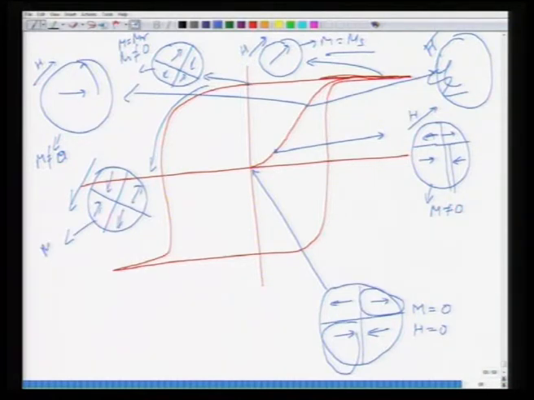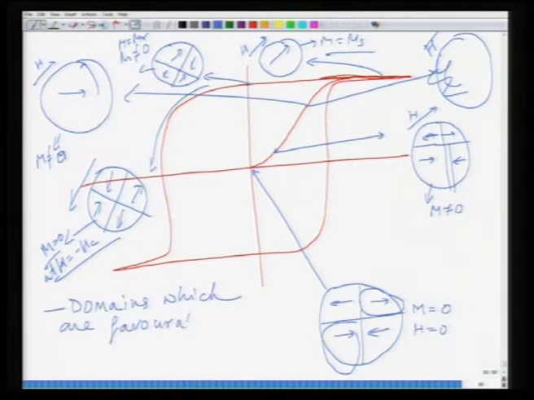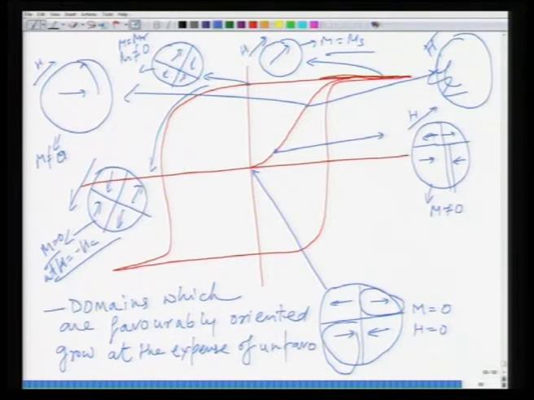So, this gives rise to m equal to 0 at h equal to minus hc, and this whole process continues in a similar fashion. Here, the difference with respect to ferroelectric material is that domains which are favorably oriented grow at the expense of unfavorably oriented domains.